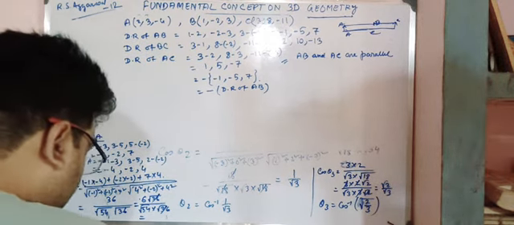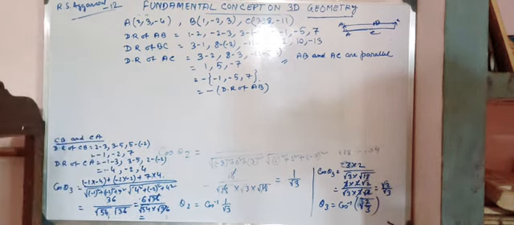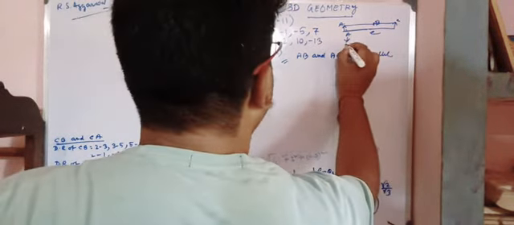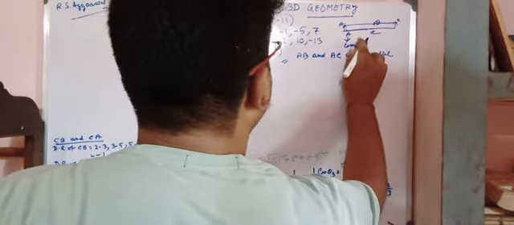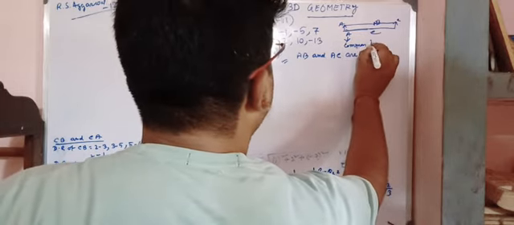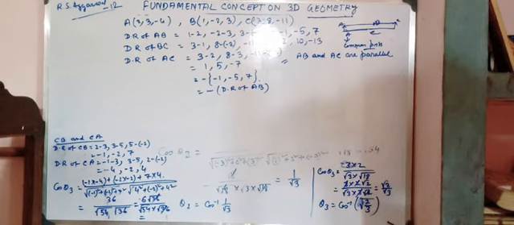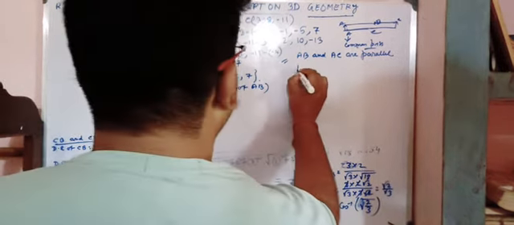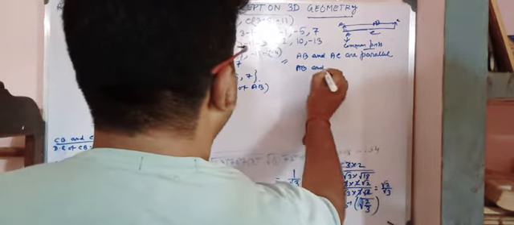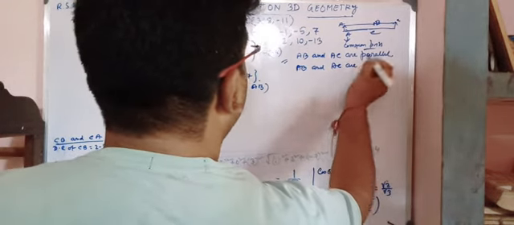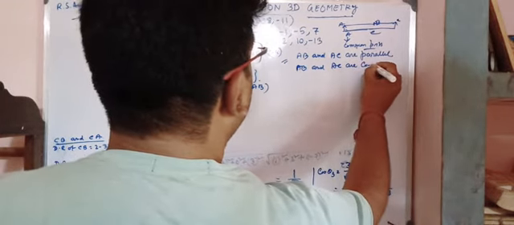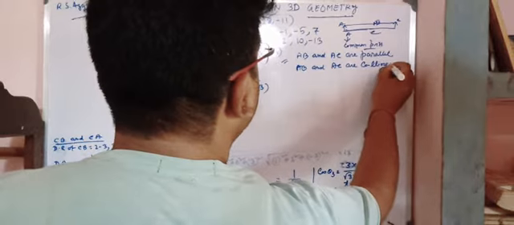Since they are parallel but AB and AC have a common point A, we can say that A, B and C are collinear.